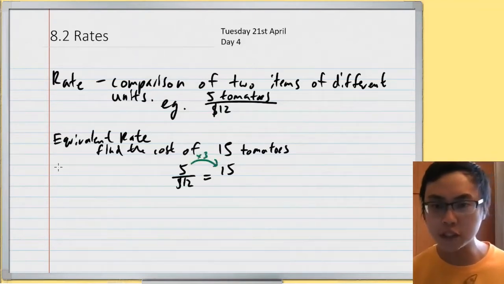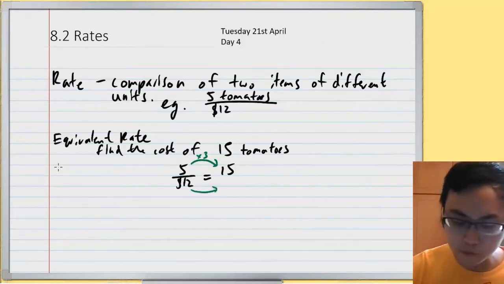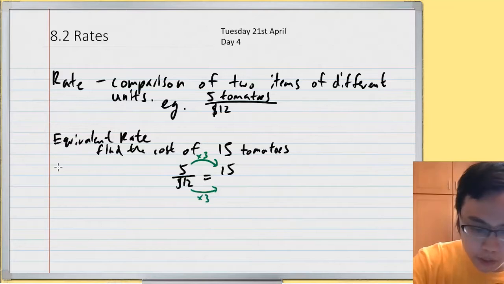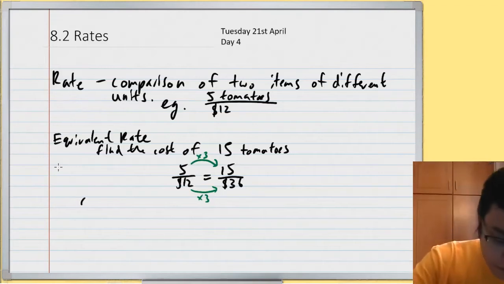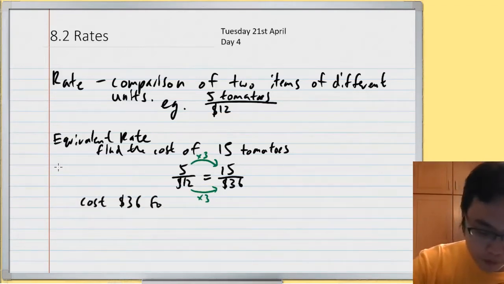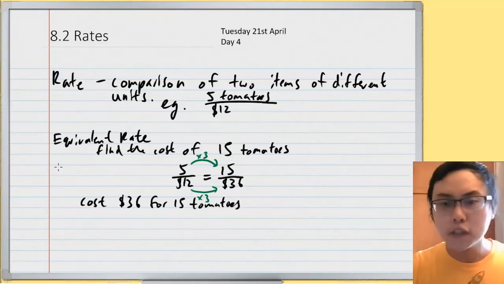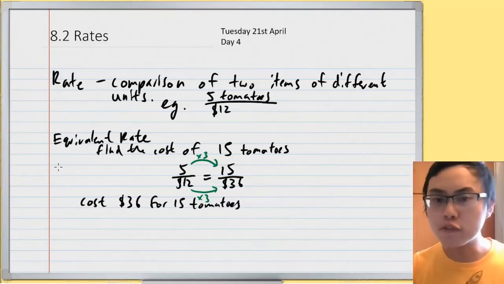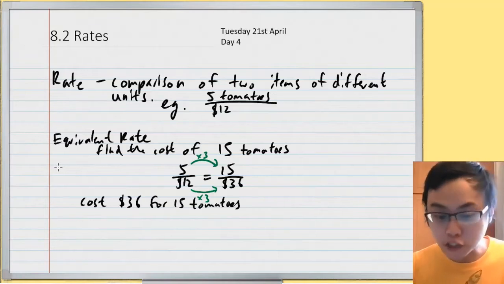So the bottom will also be the same: $12 multiplied by 3. 12 times 3 is $36. So it would cost $36 for 15 tomatoes. That's how we use these rates to find equivalent rates. We do it just like fractions.